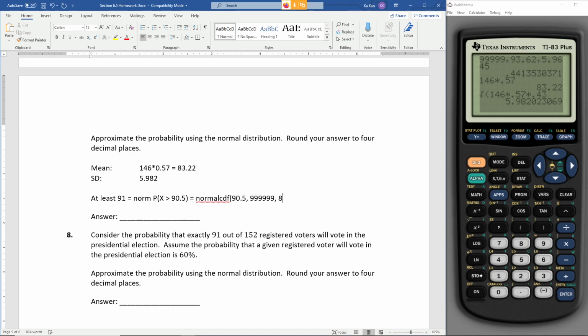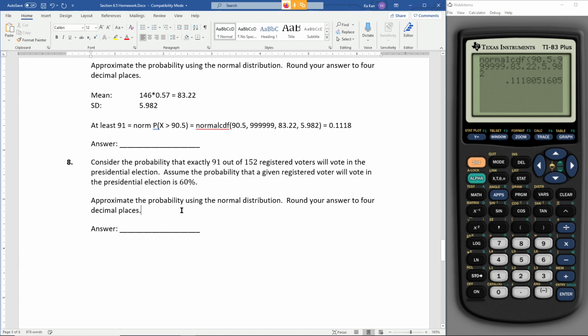And then the mean is 83.22, standard deviation is 5.982. So let's see. I have 0.1118. And that's that.